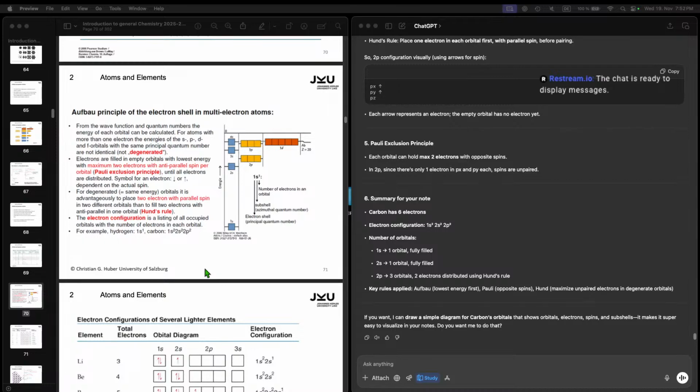You see, we're stopping at 3p. So these are the orbitals that I filled: 1s2, 2s2, 2p6, 3s2, 3p3. That's for phosphorus. Oh, 2p2.